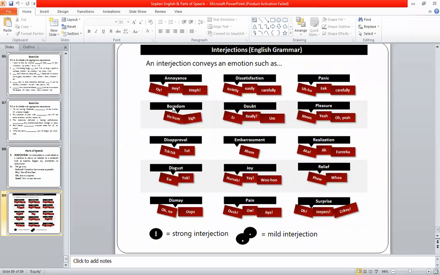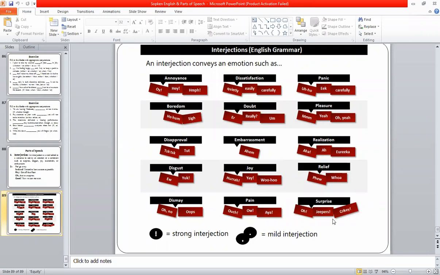So in this way, we have seen what interjections are, why we use them, and what types of interjections there are. Annoyance, dissatisfaction, panic, boredom, doubt, pleasure, disapproval, embarrassment, realization, disgust, joy, relief, dismay, pain, surprise.